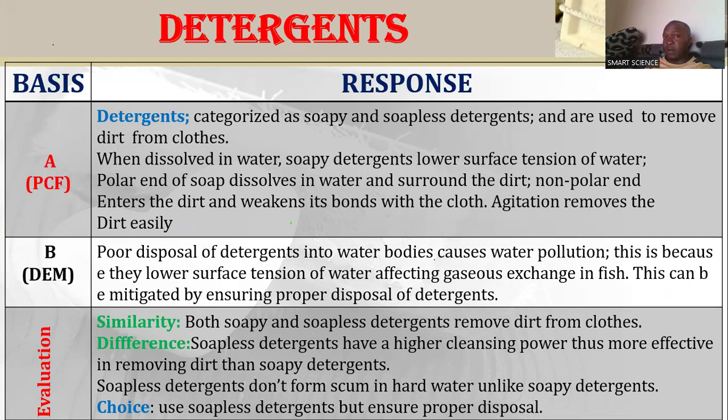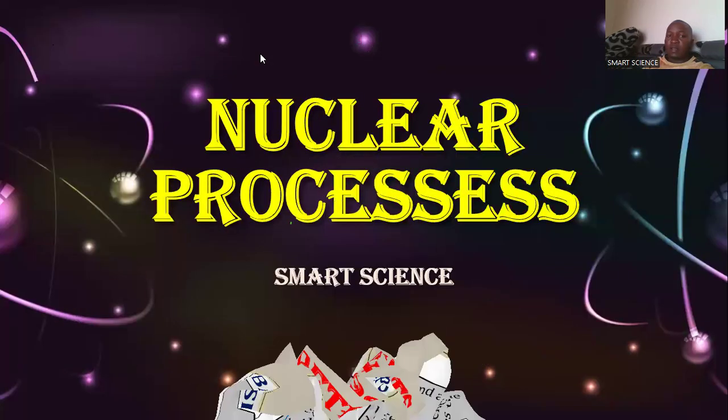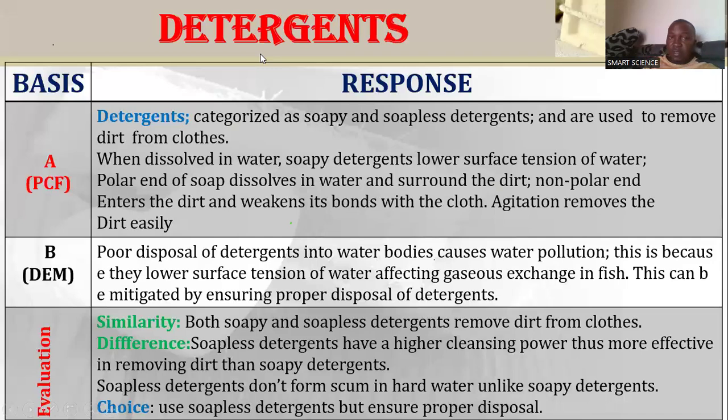That is the function. However, when handling this scenario, since these are common items used at home, we expect our learners to be able to explain how the function is performed.